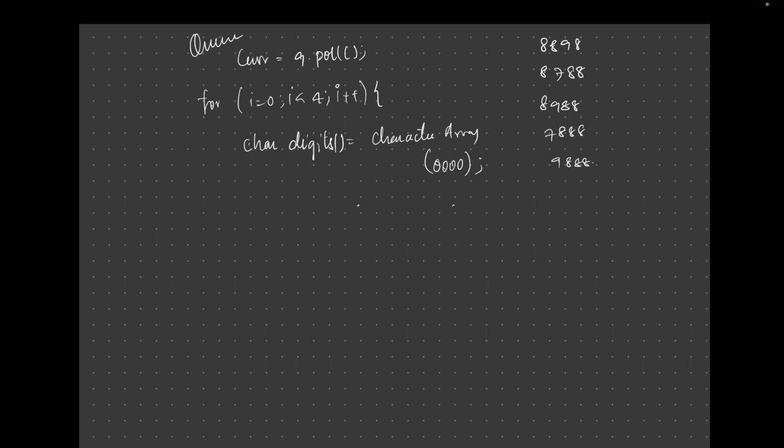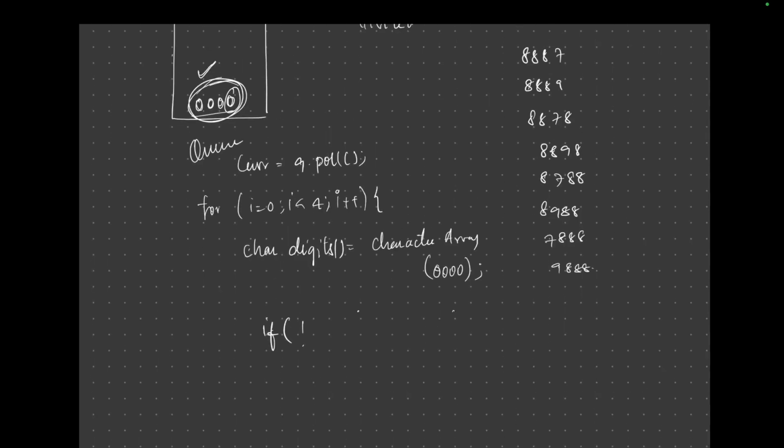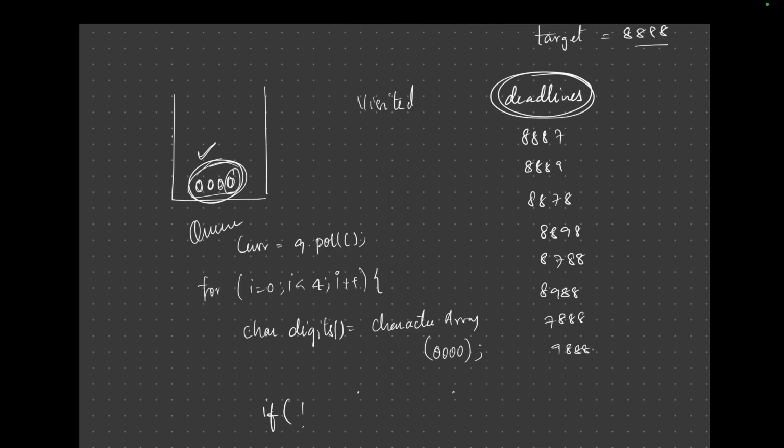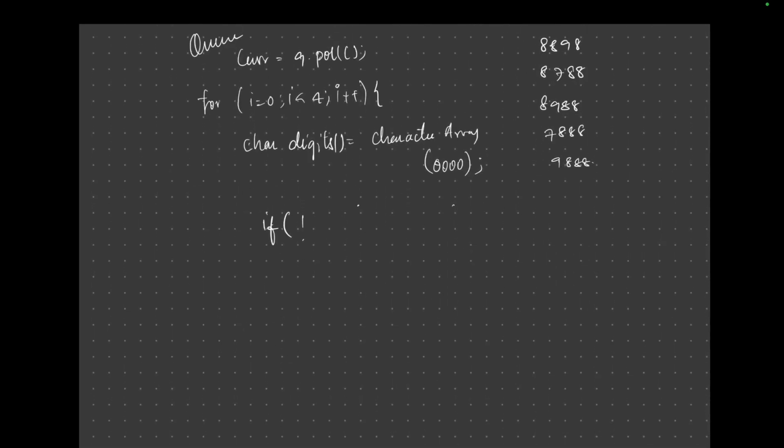Now the checking condition would be: your newly formed digit, which is nextCombination, is not present in your deadends set and your visited set, right?